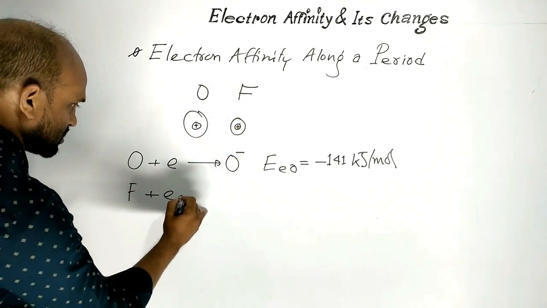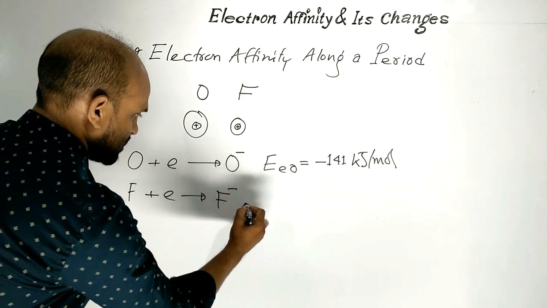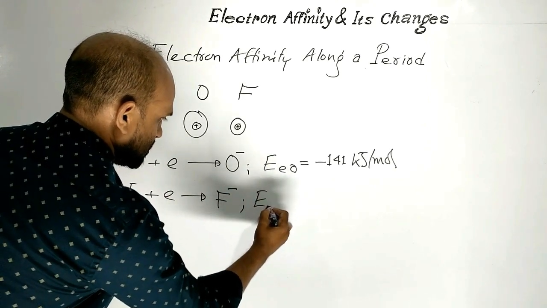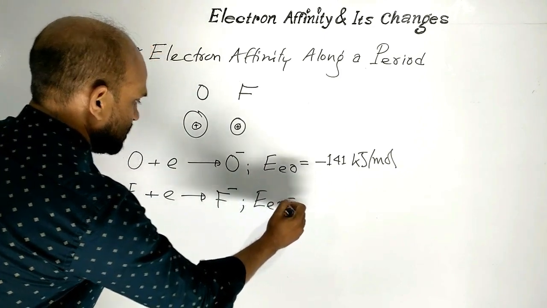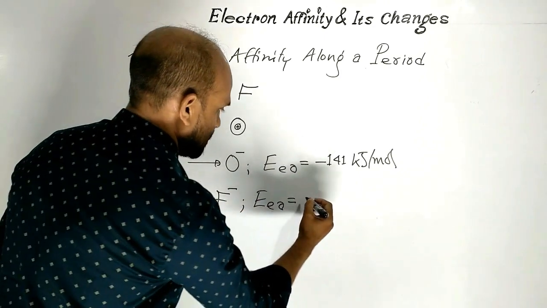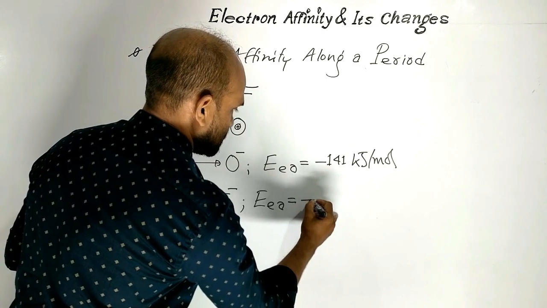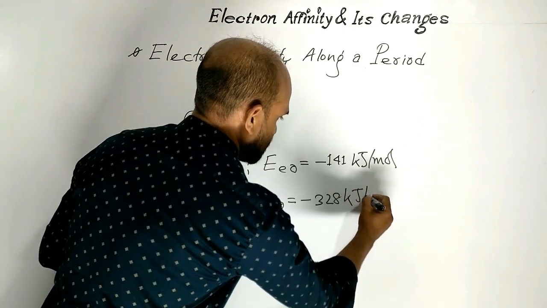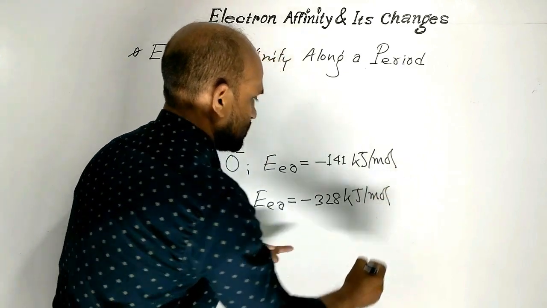Fluorine plus electron gives the fluoride ion. Here, the electron affinity of fluorine is minus 328 kilojoule per mole.